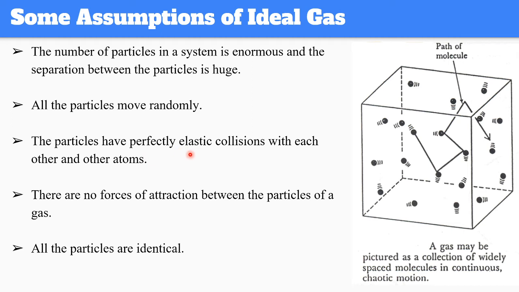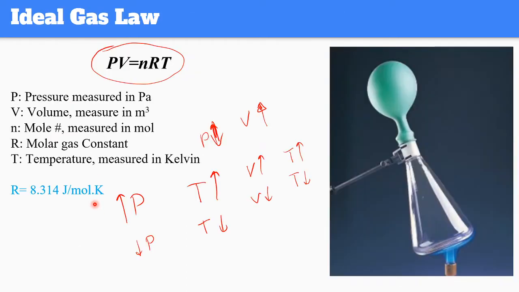No energy is lost when they are hitting the walls or hitting each other. And the other one is that there are no forces of attraction between the particles of the gas, so they don't attract each other, and all particles are identical. All right, so these are some assumptions that we are making to say this is going to be the equation.